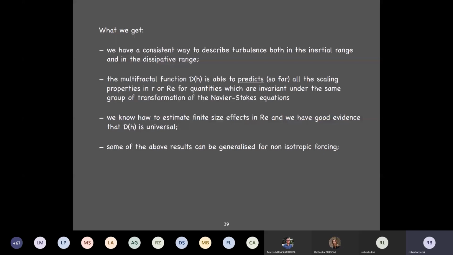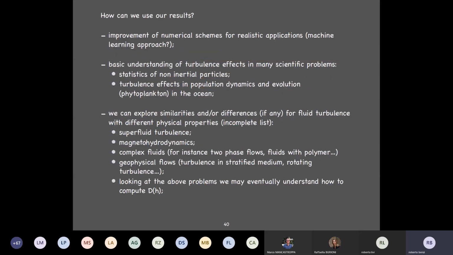Why and how can we use the results? Different ways. Of course, there is the possibility to use the result for improvement of numerical schemes in realistic applications. This is also linked to recent approaches that can be done in the spirit of machine learning. I mean, it's a difficult field, but something can really be done once you know what is the physics behind.